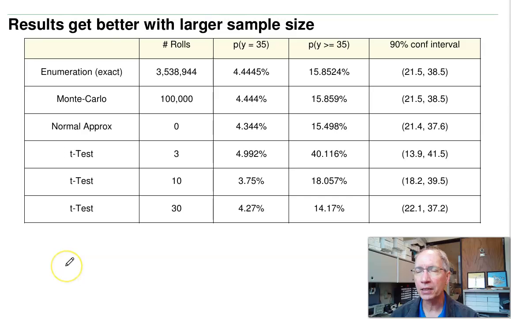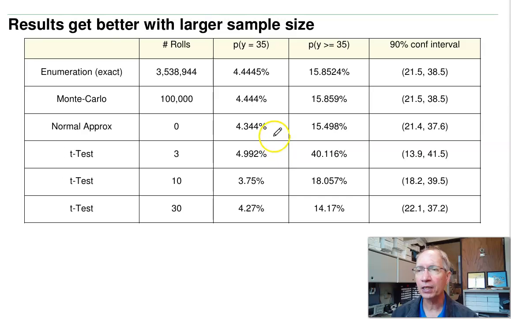To illustrate that, I'm not going to go through all the data, but repeated the previous experiment with 10 rolls, with 30 rolls, and here's what I got. Again, if you ran this yourself, you're going to get different answers. It's a random process. With 10 rolls, I got 3.75% chance of 35. 30 rolls, 4.27, getting closer and closer.